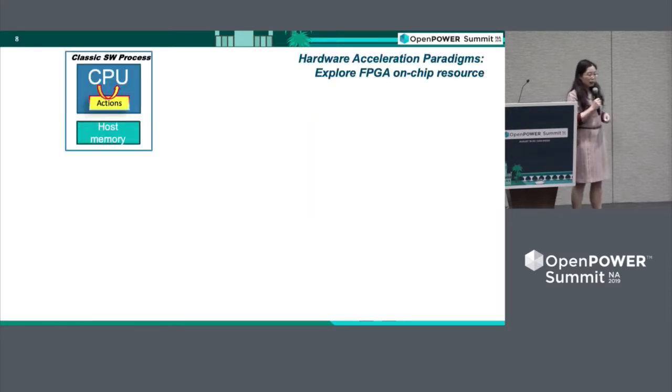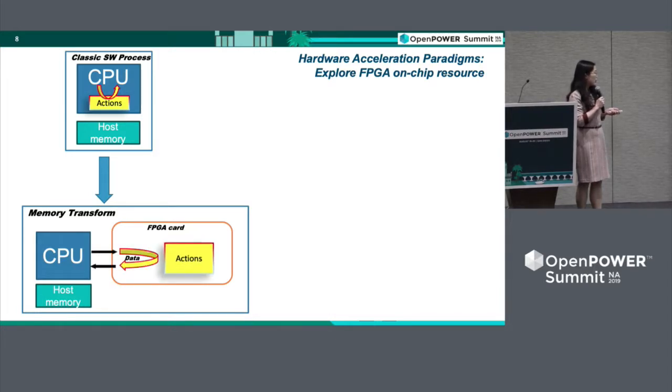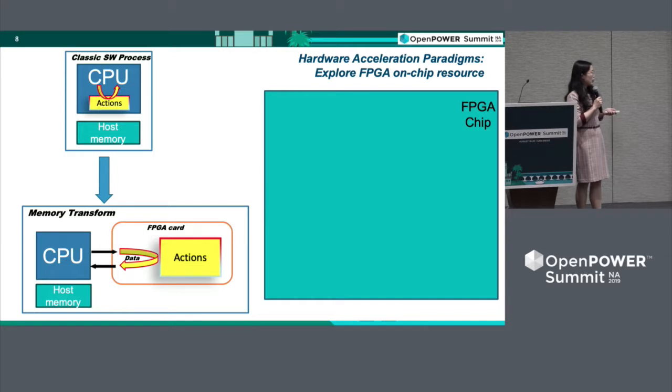So today, I want to mention that for acceleration, we should focus on two aspects. The first one is to offload the CPU computation. Traditionally, we execute all of the functions with the CPU, with software. And when we move the computation to the FPGA card, we are utilizing the capability of FPGA resources.